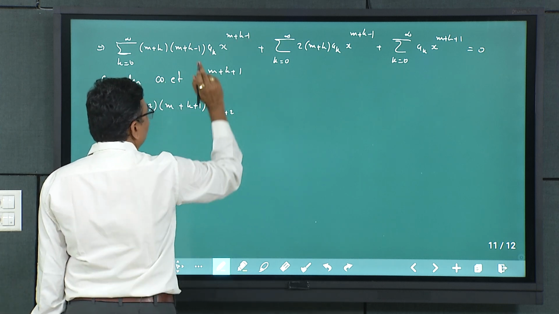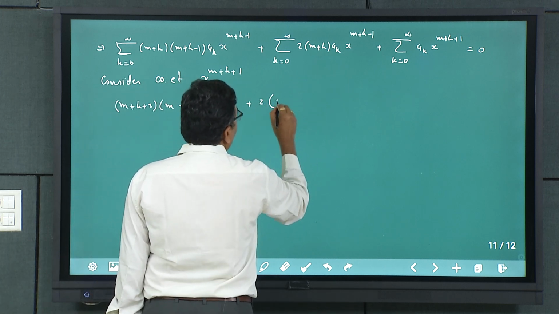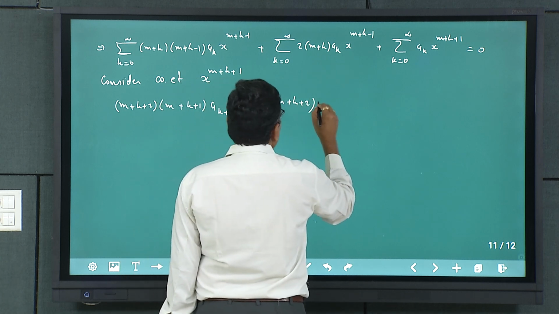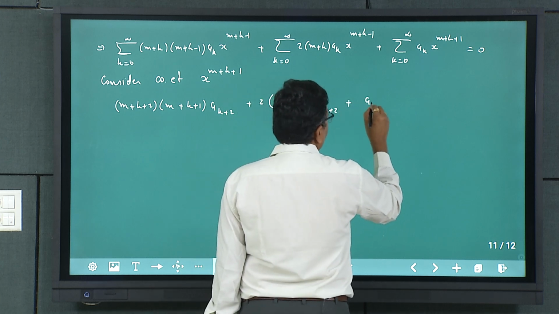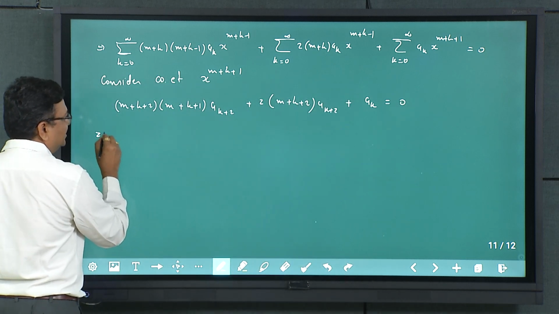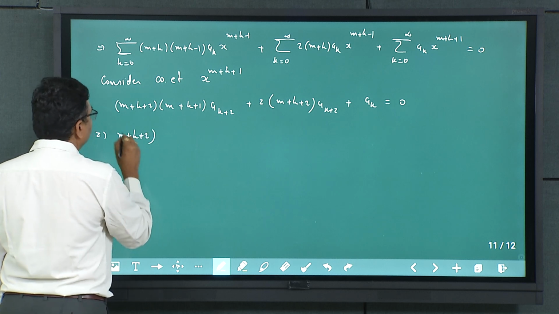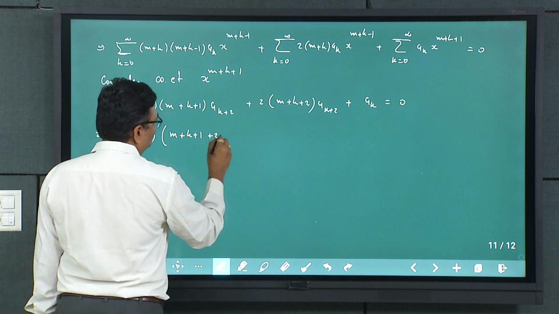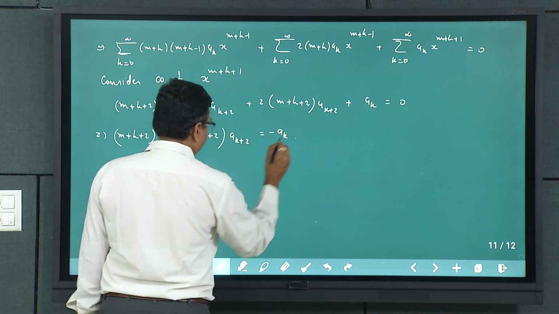So here k plus 2 remains, so m raised to k plus 1 becomes, plus 2 times here b k plus 2 m k plus 2, right, k plus 2 into a k plus 2 plus a k, this is equal to 0, right. So this implies, take m k plus 2 common from this. m plus k plus 2 is common, so what remains? m plus k plus 1 plus 2 into a k plus 2 is equal to minus a k, right.